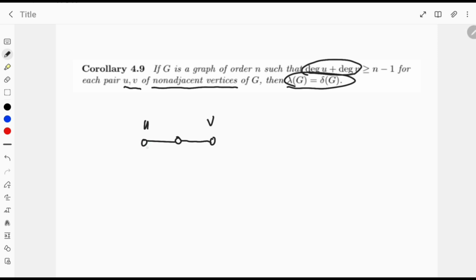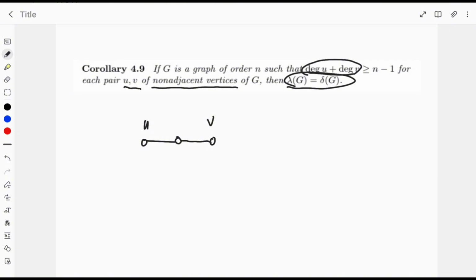So just by having this one, the distance of U and V is equal to 2, and we can relate that to the previous theorems. Here they are not connected. So by the way, we can use theorem 4.7 for this one. So this structure ensures that the graph's edge connectivity will match its minimum vertex degree, making this corollary true.